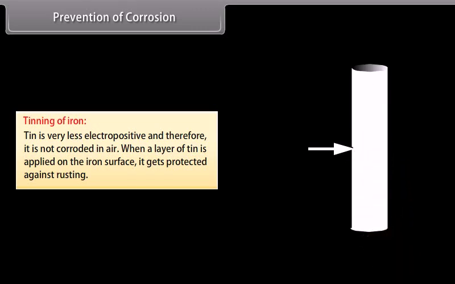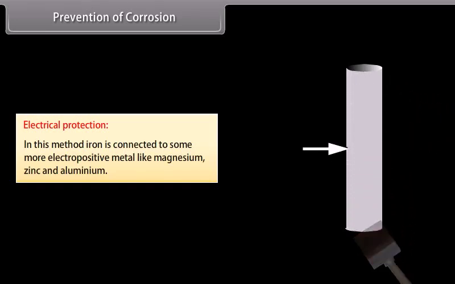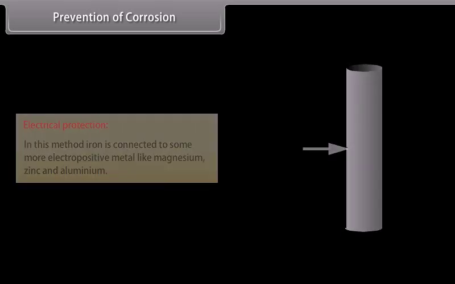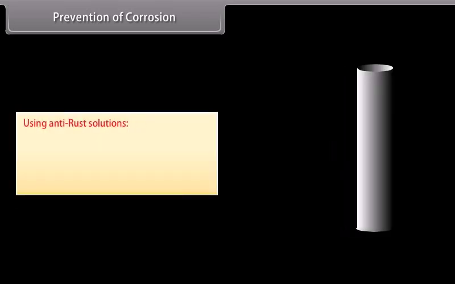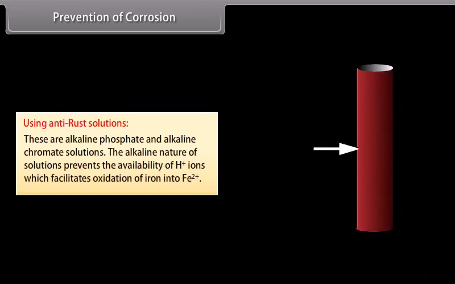When a layer of tin is applied on the iron surface, it gets protected against rusting. Electrical protection. In this method, iron is connected to some more electropositive metal like magnesium, zinc, and aluminium. Using anti-rust solutions. These are alkaline phosphate and alkaline chromate solutions. The alkaline nature of solutions prevents the availability of H+ ions, which facilitates oxidation of iron into Fe+2.